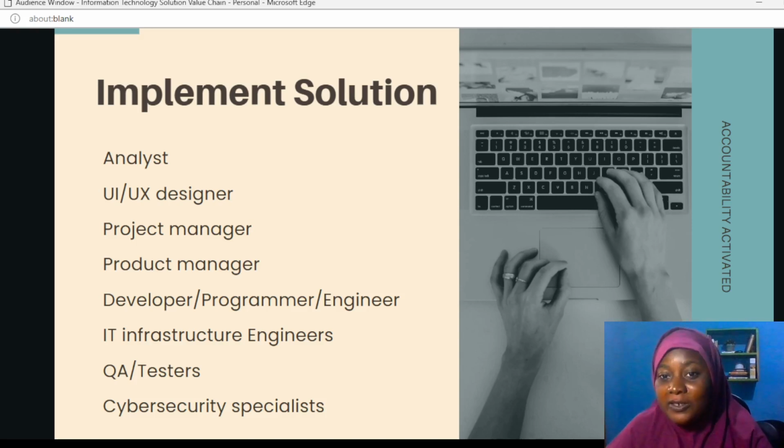Then we have the infrastructure engineers. Sometimes in these roles, the developer could also be the infrastructure engineer, the person deploying the system. So usually when you create your software, you've created it, then you deploy or you release it for people to use. After releasing your software for people to use, there is need for you to manage the database.